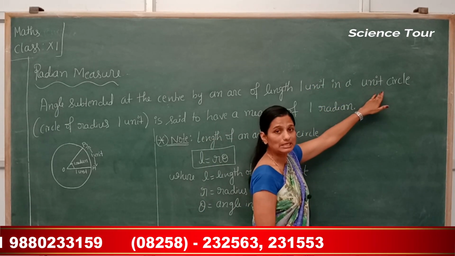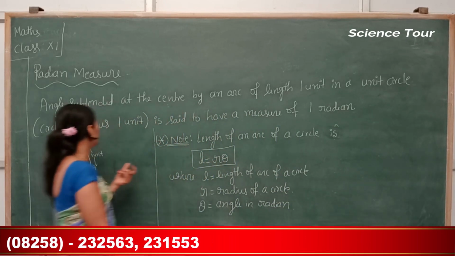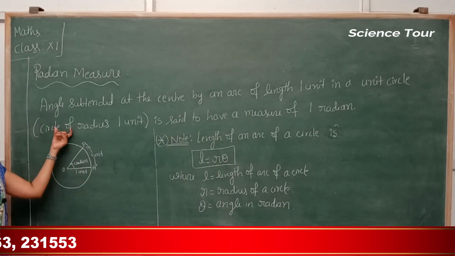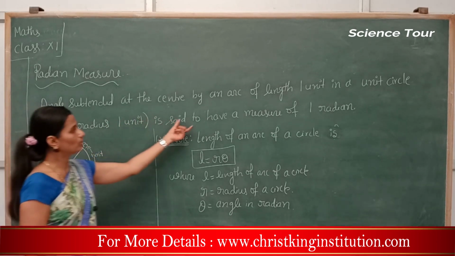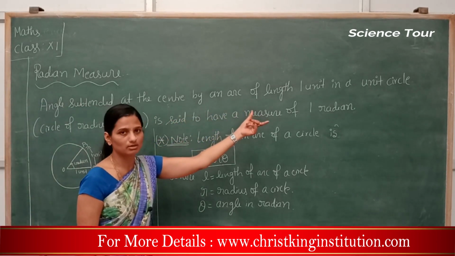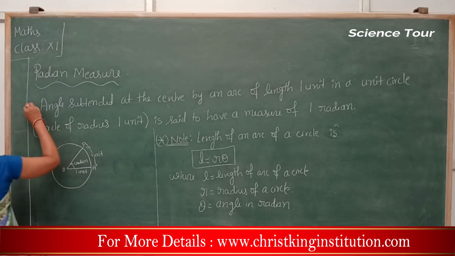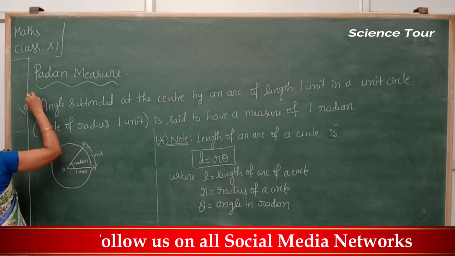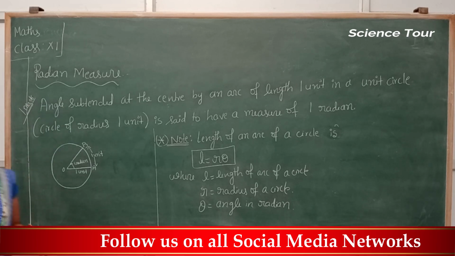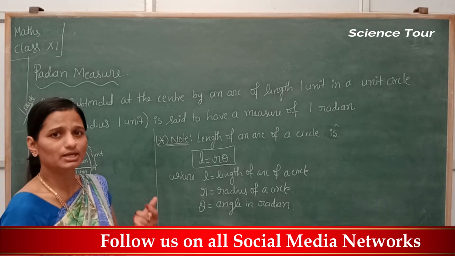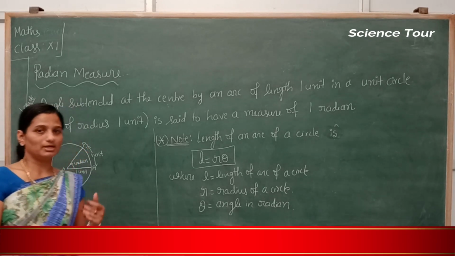A unit circle means a circle of radius 1 unit, and then it is said to have a measure of 1 radian. This is a very important definition, for 1 mark. Define radian measurement.